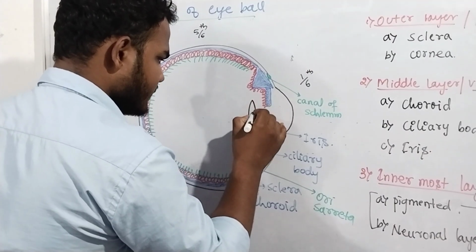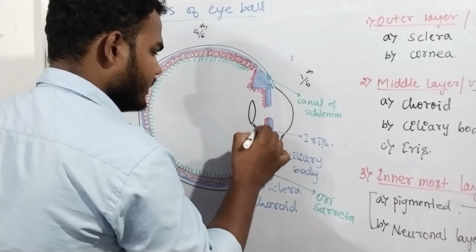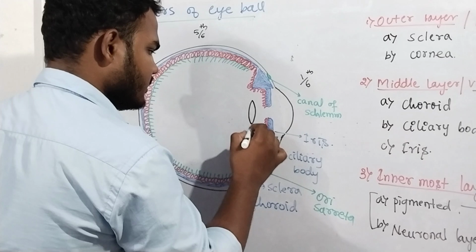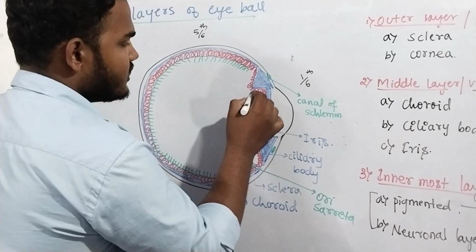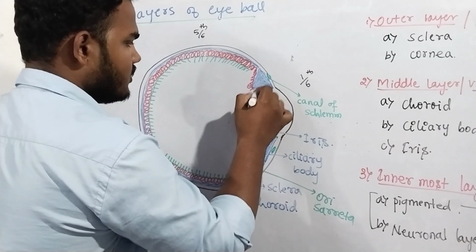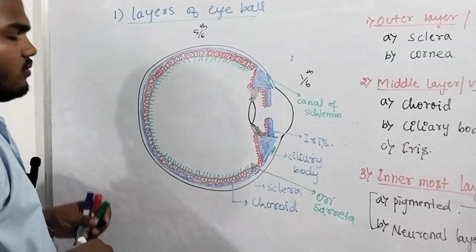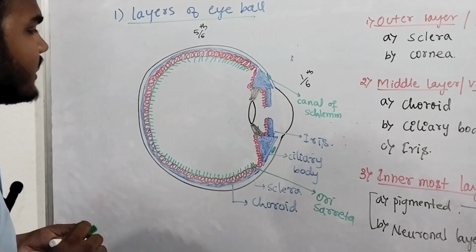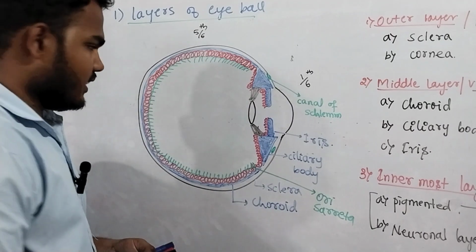A lens is present here, and it is held by ligaments originating from the ciliary body, known as suspensory ligaments.